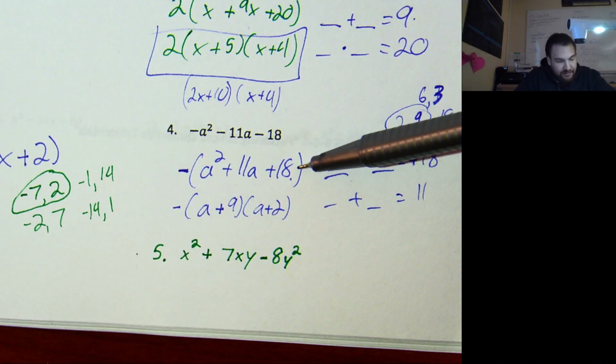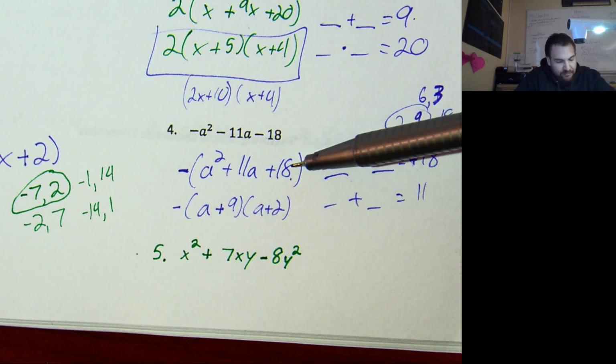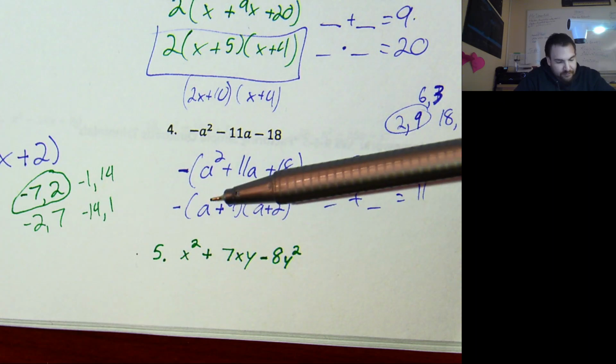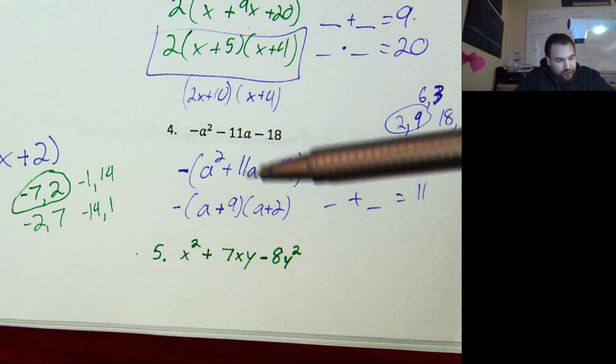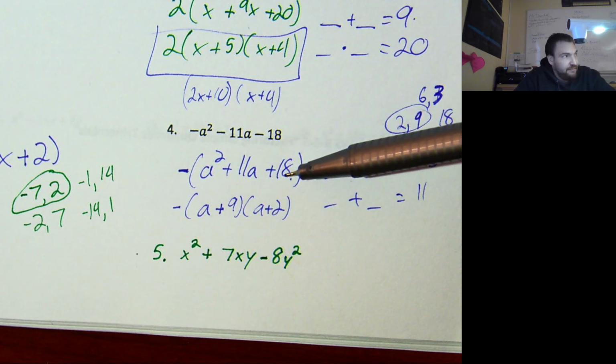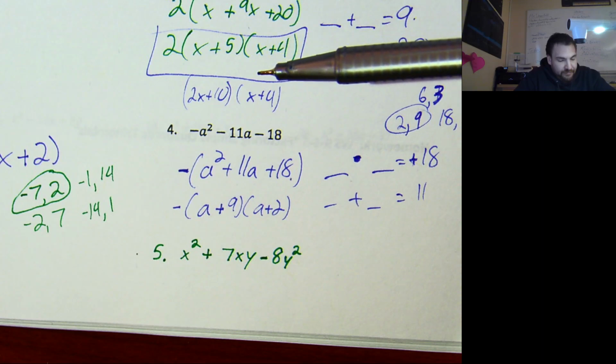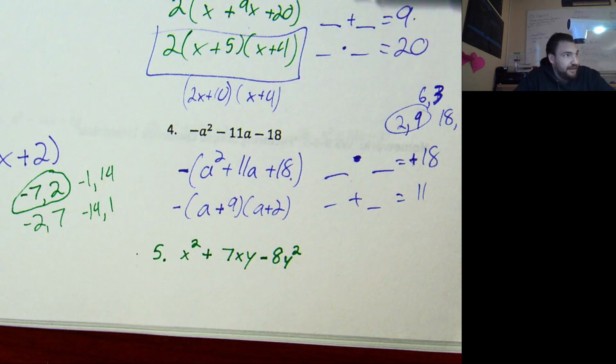No, but you're going back to here. So 9 times 2 is 18. No, here, the next one, if you distribute that negative, you just get negative a plus 9. You distribute after you've combined these, so you get negative a squared minus 11a minus 18. Okay, so that would be better, to distribute that, and then distribute the negative. Well, you're multiplying a negative 1 on everything, yeah.